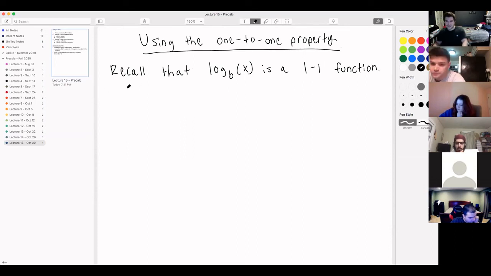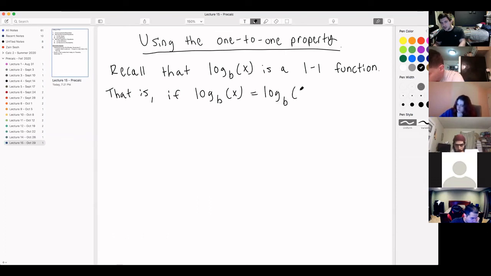So what does that mean in terms of the definition of one-to-one? Well, that is if log base b of x equals log base b of y, then we can make the definitive conclusion that x equals y.